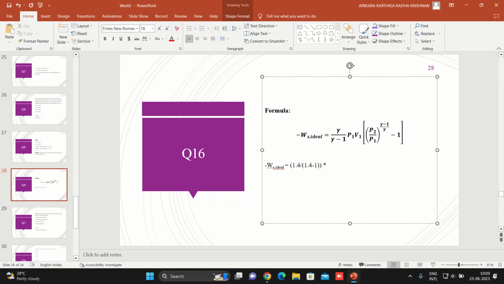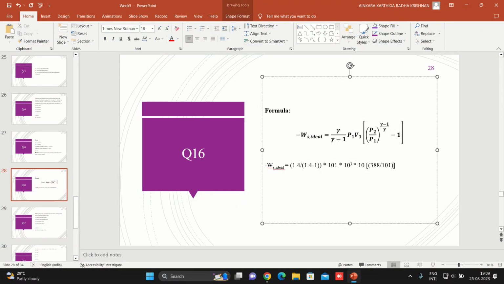Sorry, P1 is 101 kilopascal, so it is 10 power 3. Again we got 10 meter cube per second, and in the bracket we got P2 by P1, P2 is 388 divided by 101.